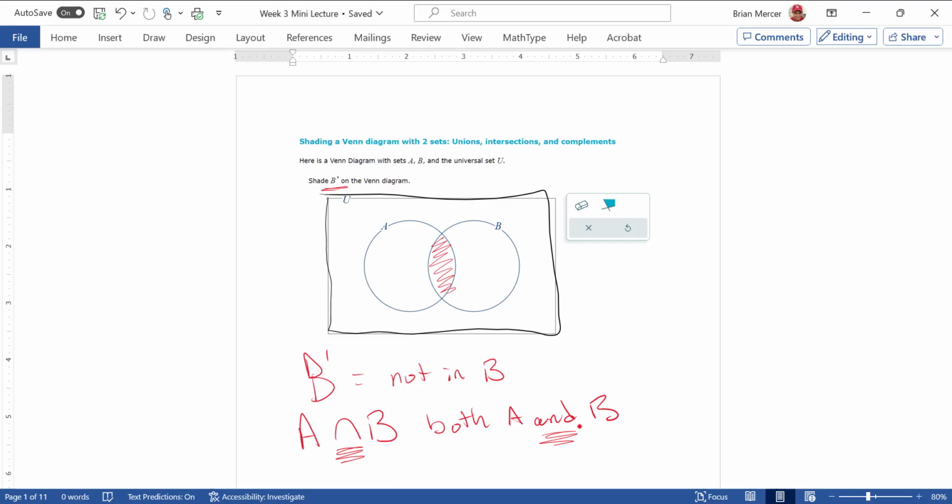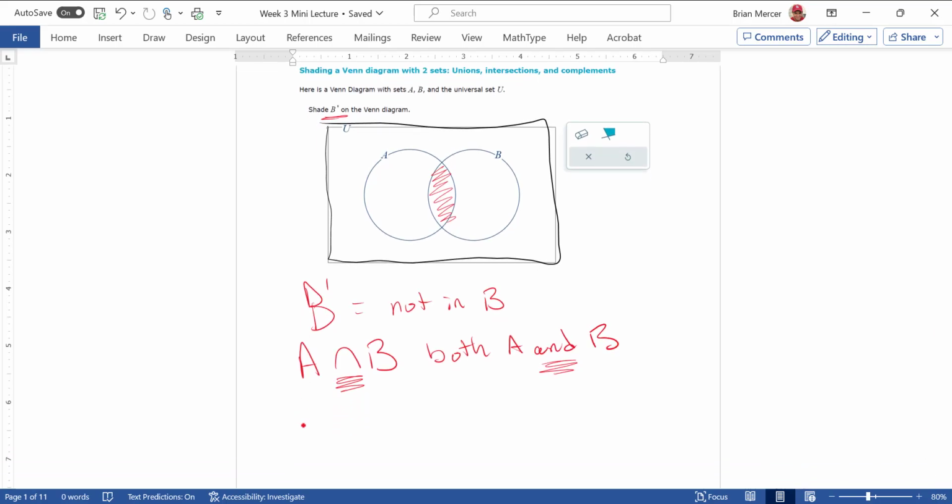And if we talk about the union, I can just scoot this down just a little bit. If we talk about the union of A and B, then that would talk about the elements that are in A or B or both. In other words, we look at the combination of the two sets put together.